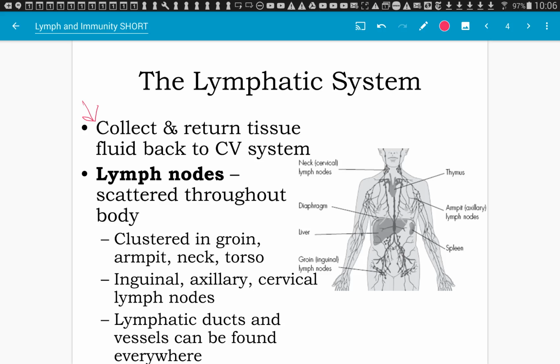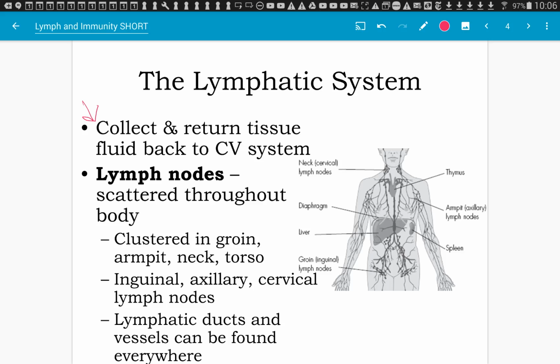So we know they have the network of lymphatic vessels that help return it, but along the way, associated with these lymphatic vessels, we have lymph nodes. And I'm sure you guys have heard of lymph nodes before. They get swollen when you're fighting something. Usually most of you, when you have a cold or something, it's right up under your neck, the cervical region.